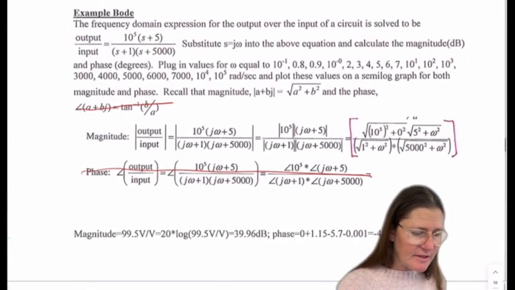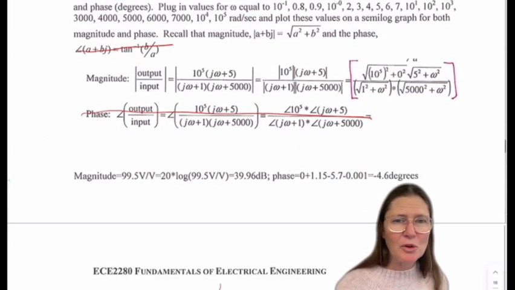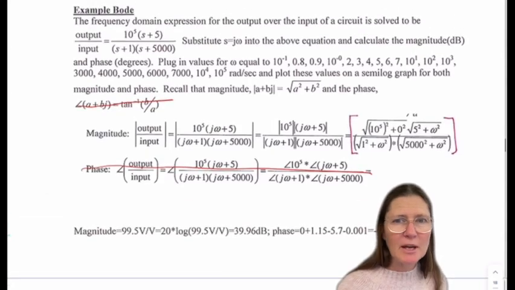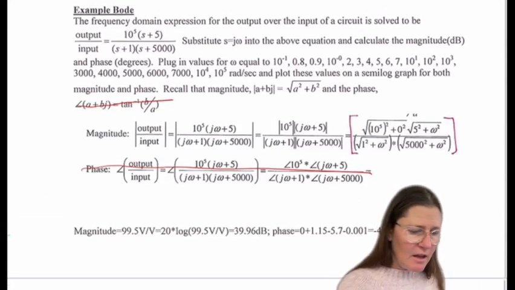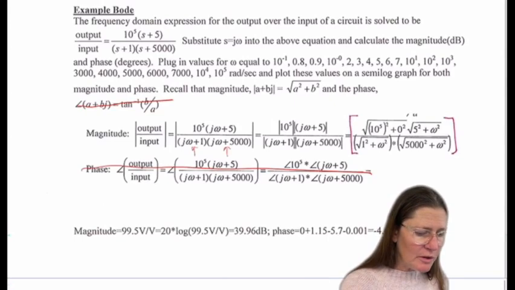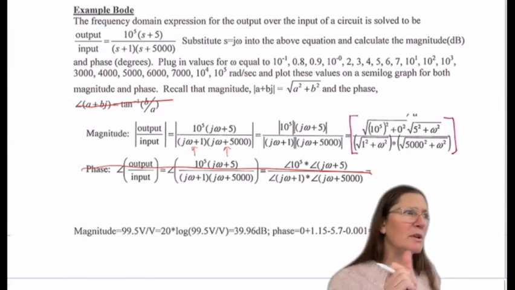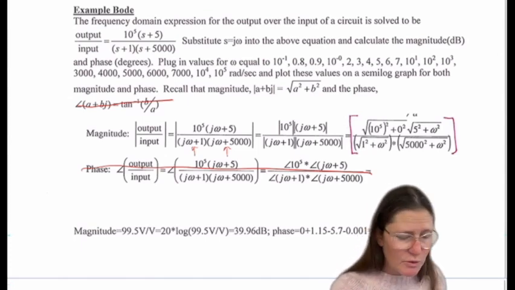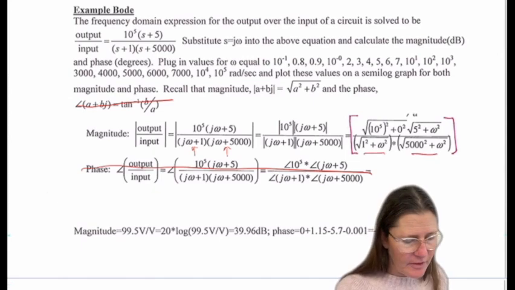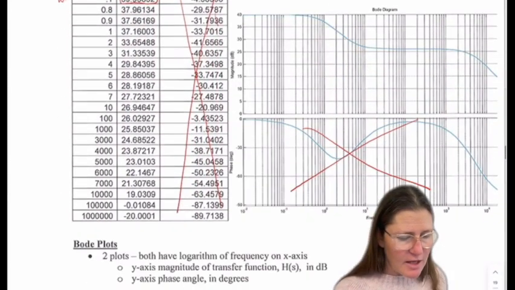Okay. So this example had a different equation, but the same idea. If I have multiple quantities, I can find the magnitude of each of those and multiply them together, which is what was done here. And then I can get this graph.